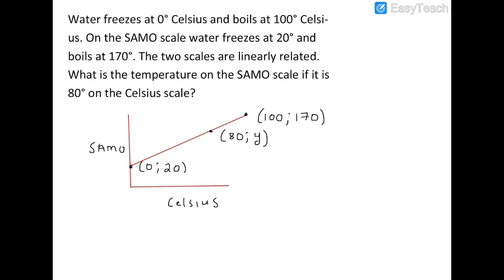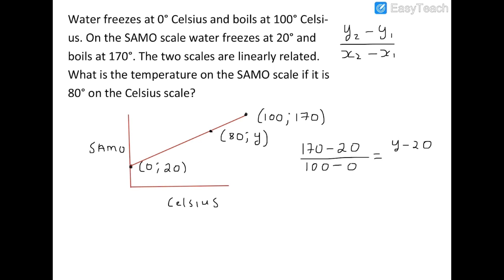Now, we will use the formula for gradient, which is what? y2 minus y1 divided by x2 minus x1. Now we will say 170 minus 20 divided by 100 minus 0 must be equal to y minus 20 divided by 80 minus 0.